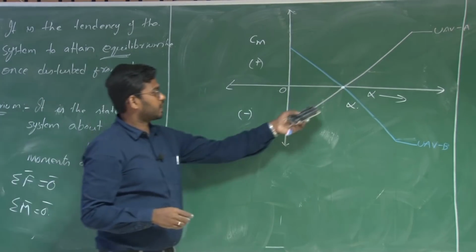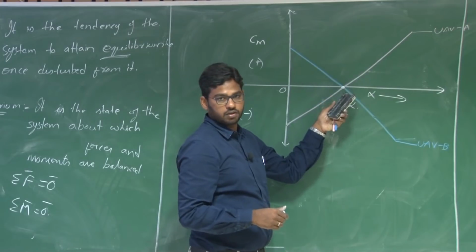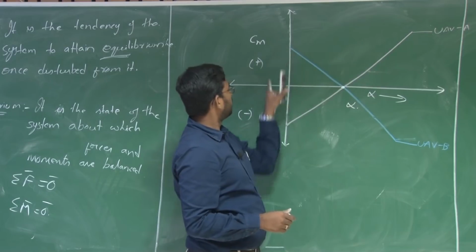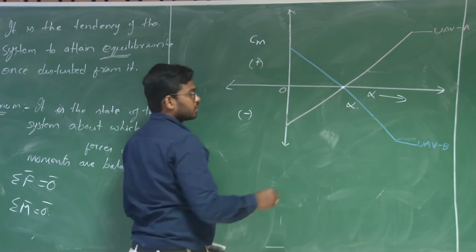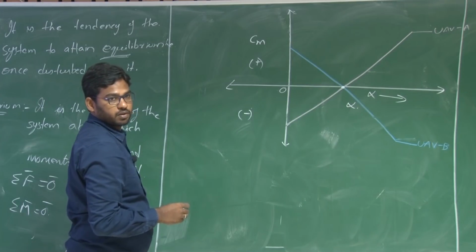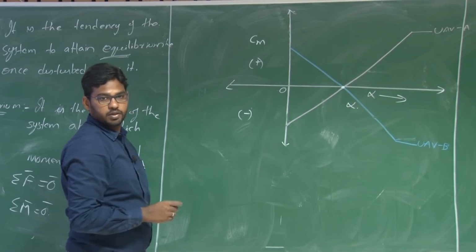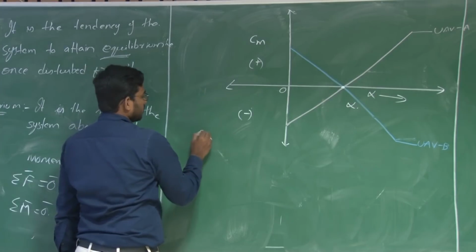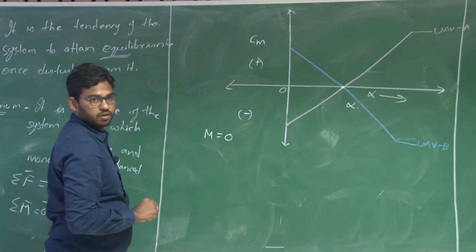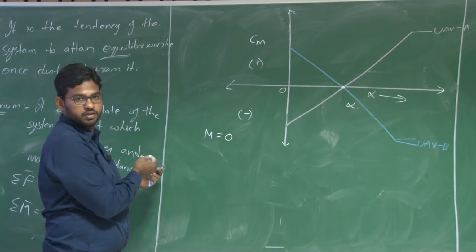Now what is this alpha, what is this point? You can see at this particular alpha the moment Cm is 0, that means there is no pitching moment for this particular angle of attack, right. Do you accept this? So the pitching moment is 0. Cm is 0 means of course M is 0.